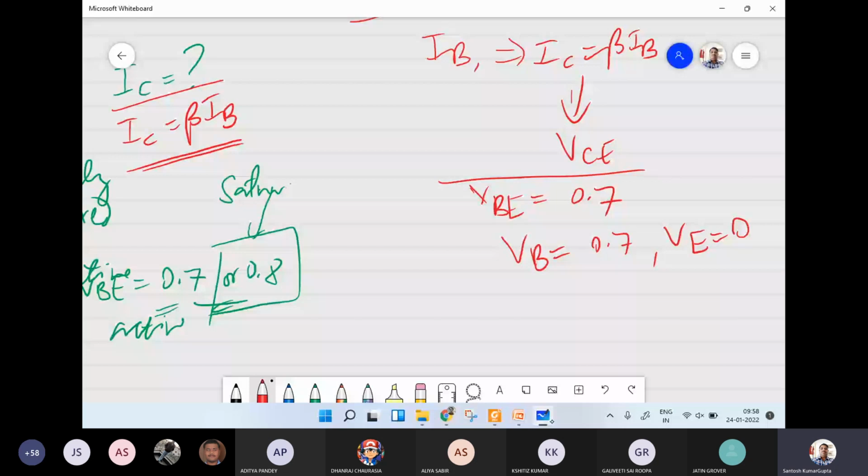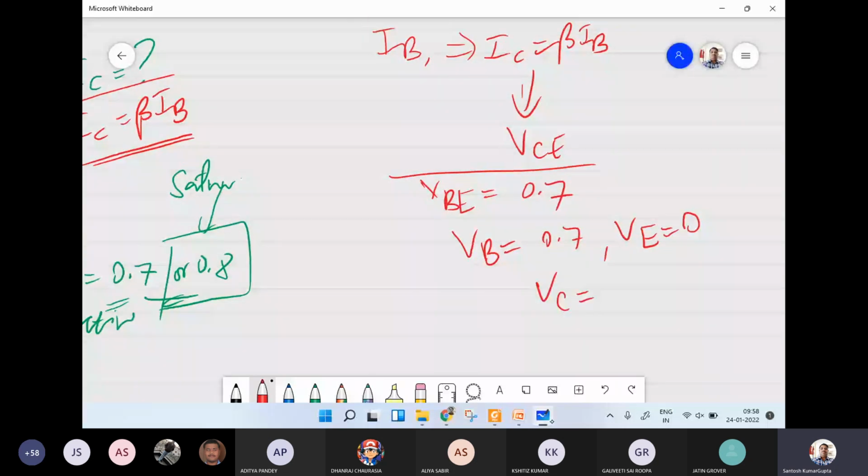So VCE can be written as VC minus VE, and from here one can find out VC to be equal to just VCE. The VCE value which was calculated here, the same value is coming over here. So all the values are known to us now.